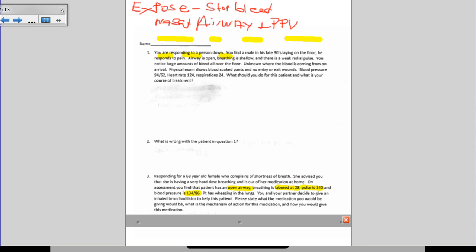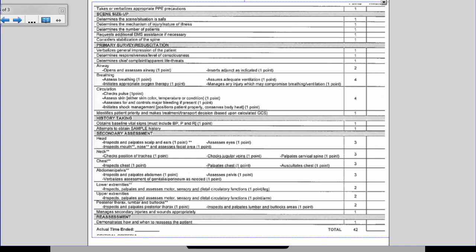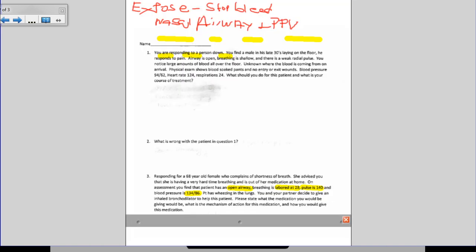The pulse rate, well, hang on a second. I think we are ready to go to that. Yep, so we're going to talk about the circulation. Pulse rate is going to be 140. It doesn't say where it's at. It says pulse. We'll assume a radial pulse because that's where we would be checking with a conscious patient.